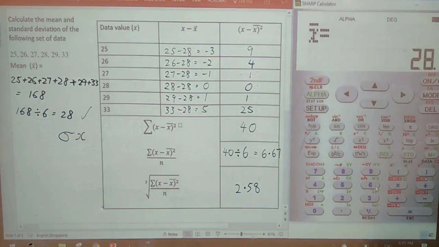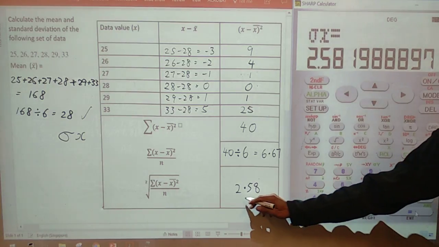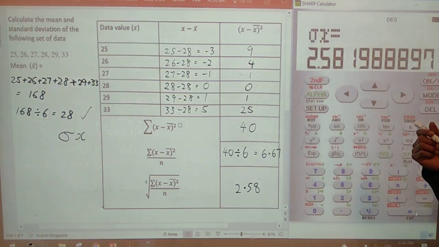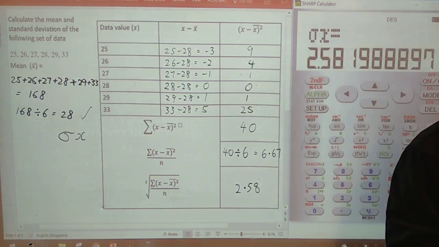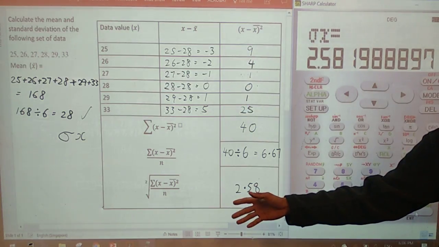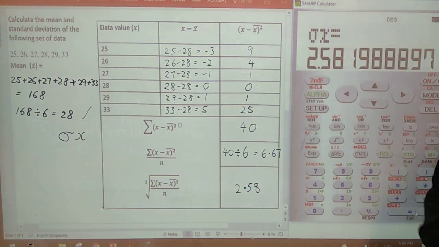If you click on 6, you get sigma x, which is the standard deviation. Press the equal sign, you get 2.58. So the calculator makes short work of the processes that I have gone through, and it will do it really quickly for large sets of data.